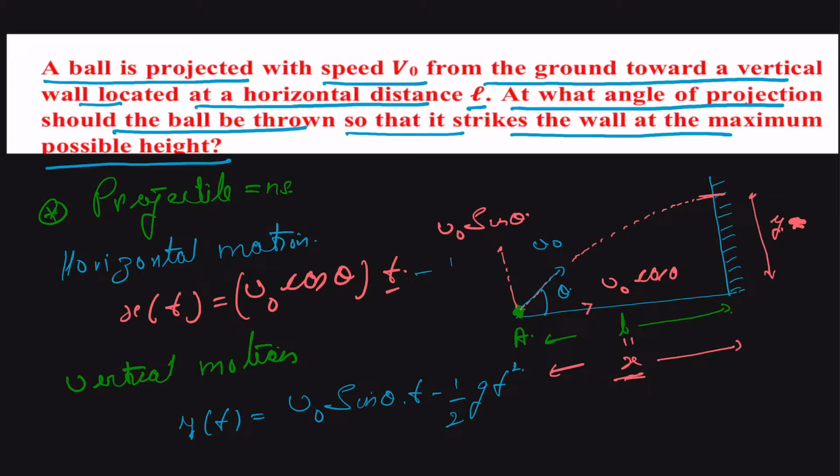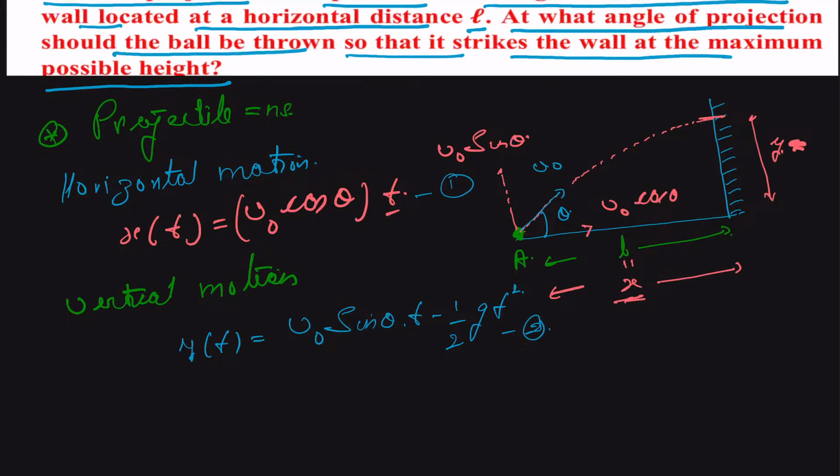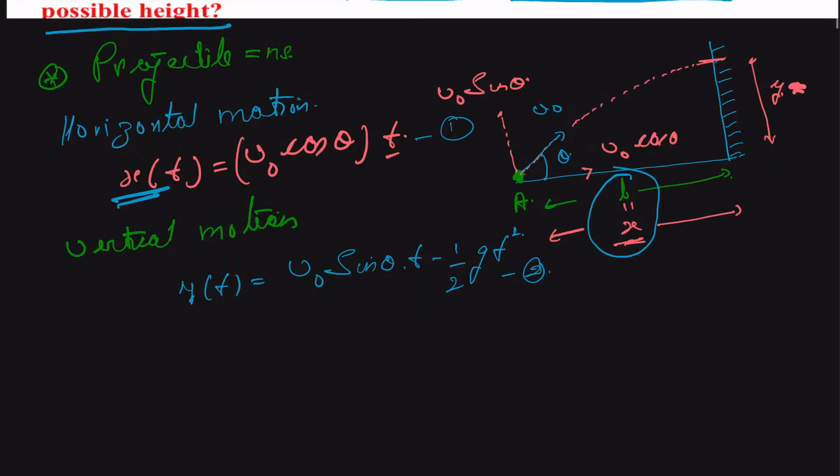Let us suppose this is our equation number 1 and this is our equation number 2. In equation number 1, we are going to put x equal to L. Therefore, from equation 1, x of t is equal to L.